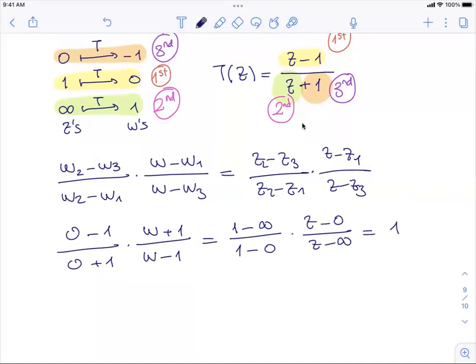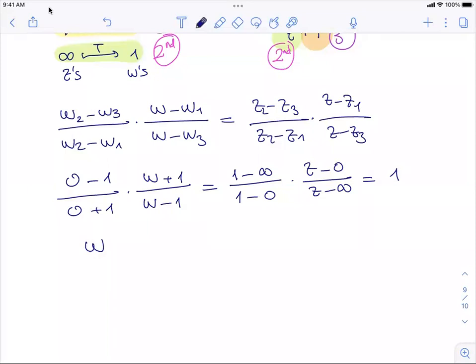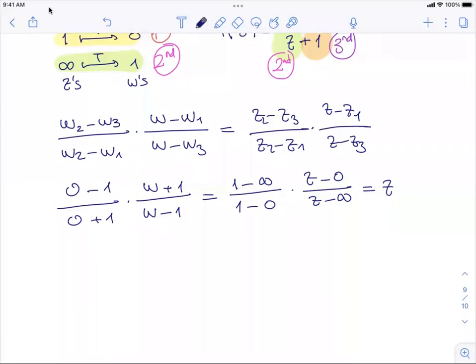So this is going to be 1. Not quite 1, right? These two together make one, but we still have the other two. So this is not quite correct. What I get here is z. And from here, we just notice there's a minus sign here. We have w plus 1 divided by w minus 1 equals minus z.